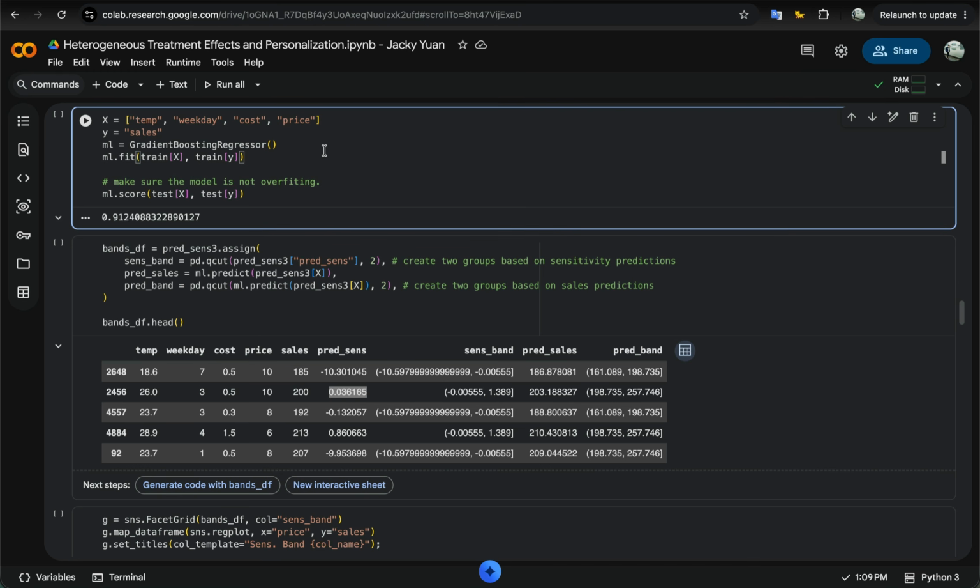What matters for the decision is that a day with high predicted sales is not necessarily a good day to raise the price. What matters for the decision is not just the level of sales, but the response to the treatment. This is the causal inference mindset.